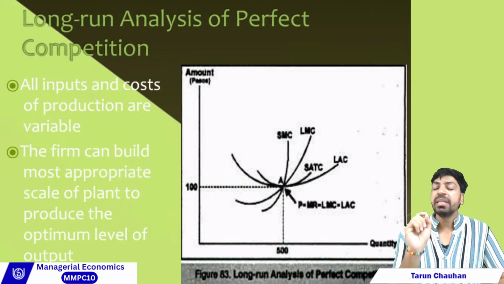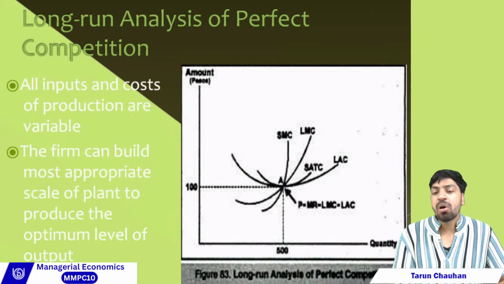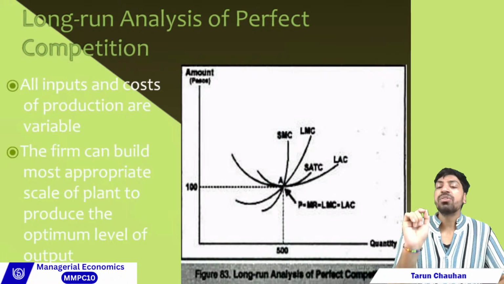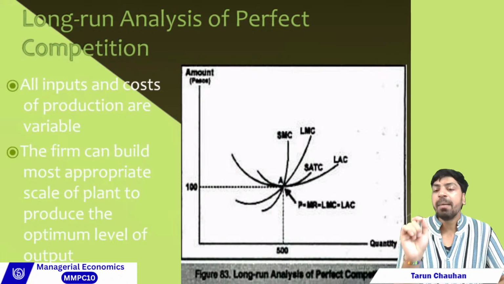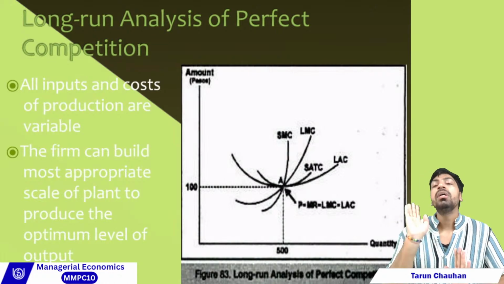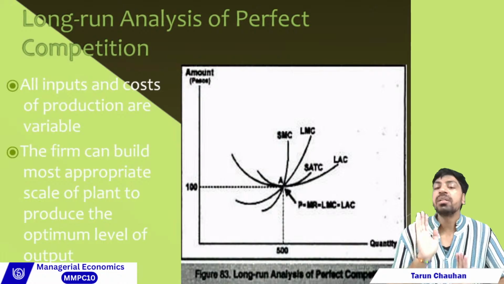The point where these two curves touch each other, that is the long run average cost curve and the short run average cost curve, is their minimum point. Once you get the minimum point of these two curves, just draw the long run marginal cost.